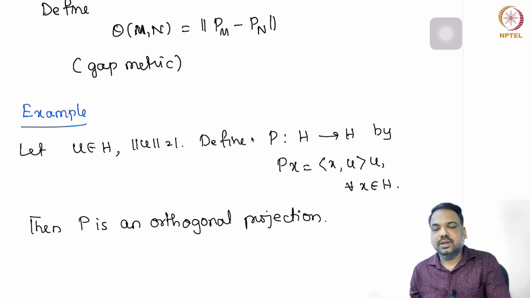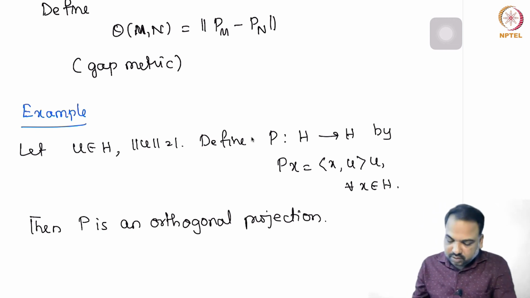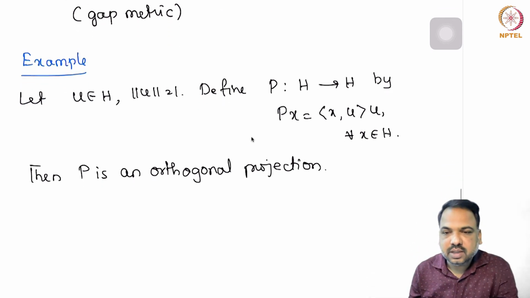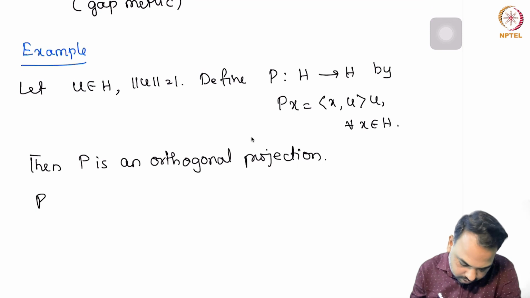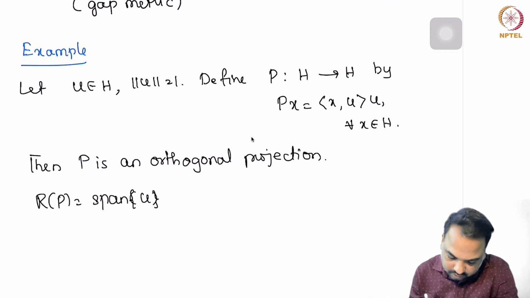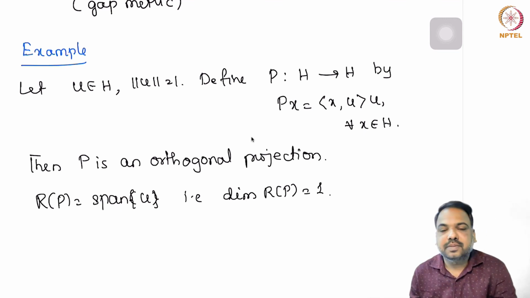And norm of P is 1. Anyway, by showing norm of P equal to 1, we can conclude that this is an orthogonal projection. And range of P is spanned by the single element u. So range of P is span of u. It's a one-dimensional space, so dimension of range of P is 1.